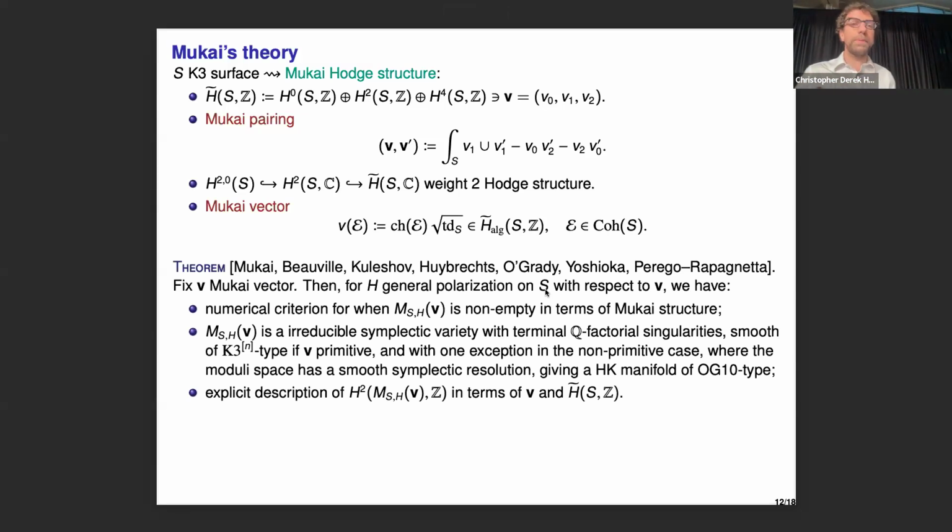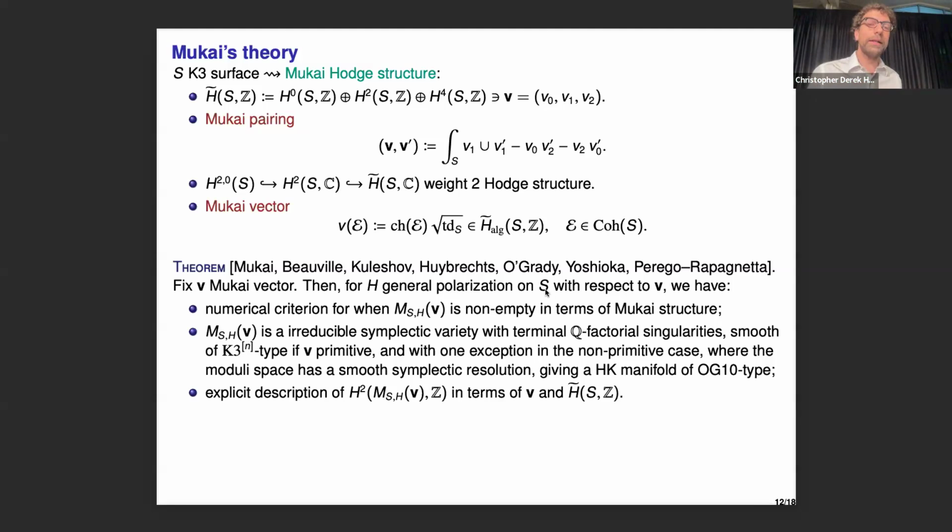Now, fundamental theorem, I'll be very quick about this. This is due to many people: Mukai, Beauville, Kuleshov, Huybrechts, O'Grady, Yoshioka for the smooth version, and then Perego-Rapagnetta for the singular one, and O'Grady for the case of OG type. It says that if I fix a Mukai vector, and let the polarization be generic, then I have a precise numerical criterion in terms of the Mukai pairing to say whether the moduli space is non-empty, which simply says that if it has the expected dimension to be non-zero, then it's non-empty.